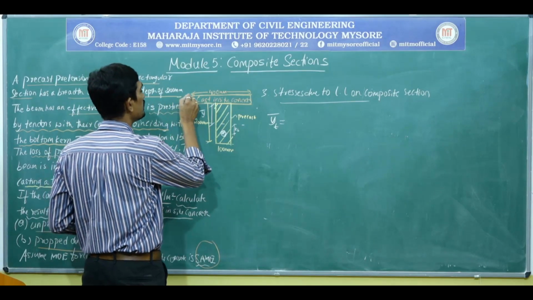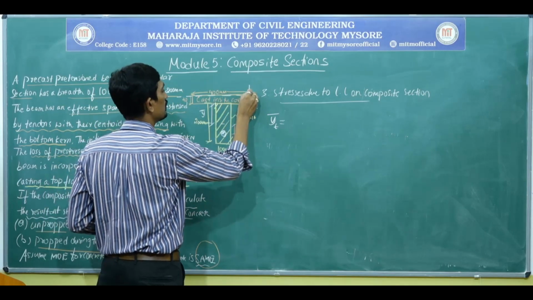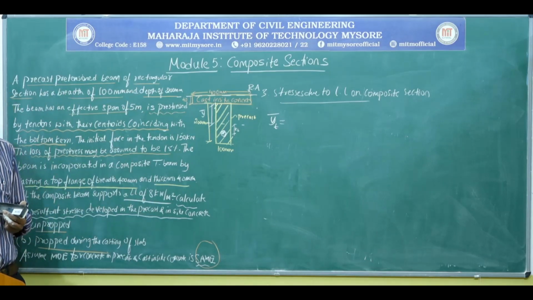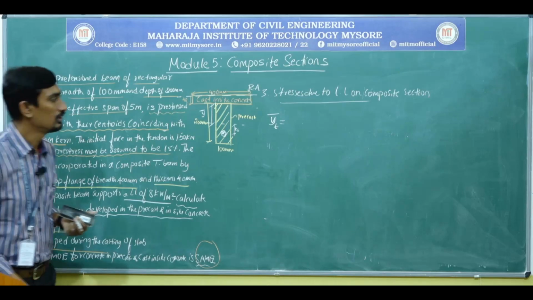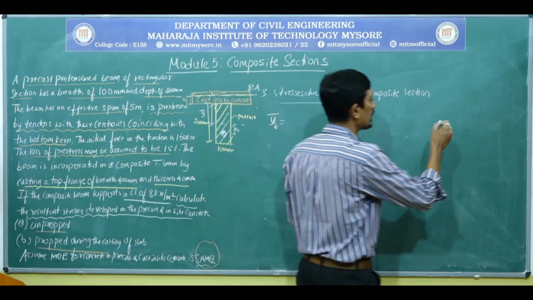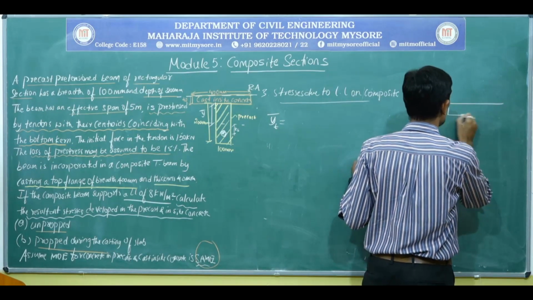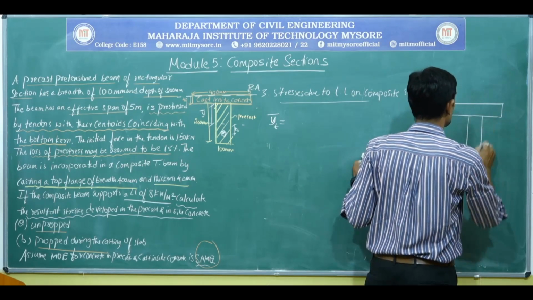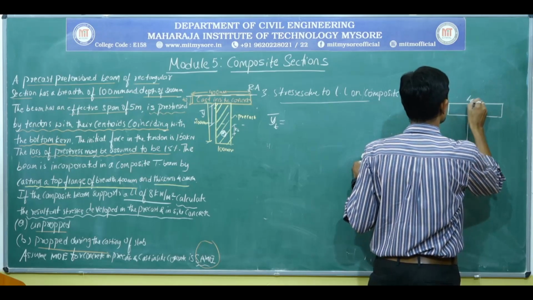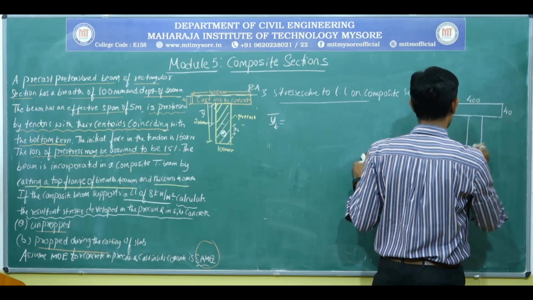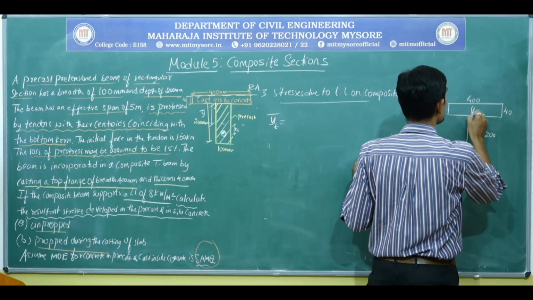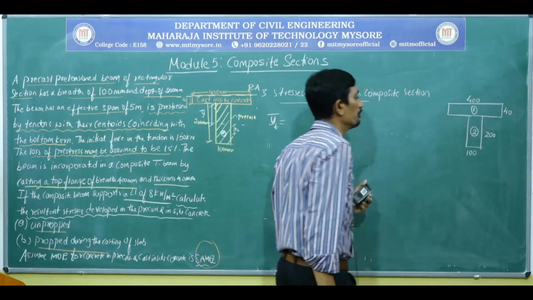I will consider this as the reference axis, because whenever you calculate any centroidal axis, you need to consider a reference axis. I will write once again here for clarity. So this is 400, this is 40, this is 100, and this is 200. This will be section 1 and this will be section 2.